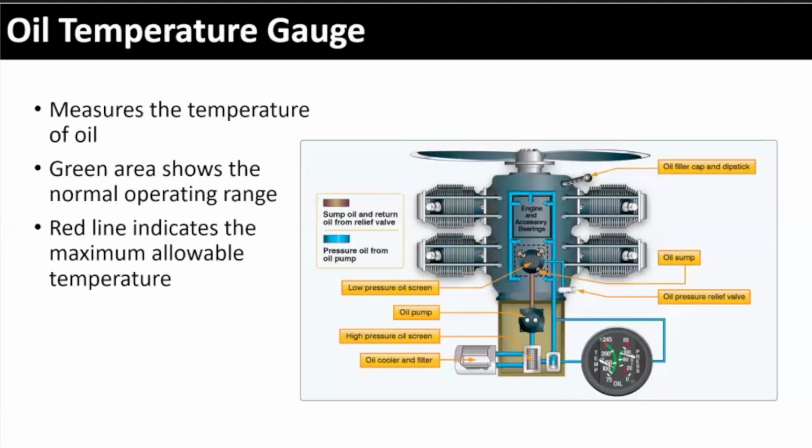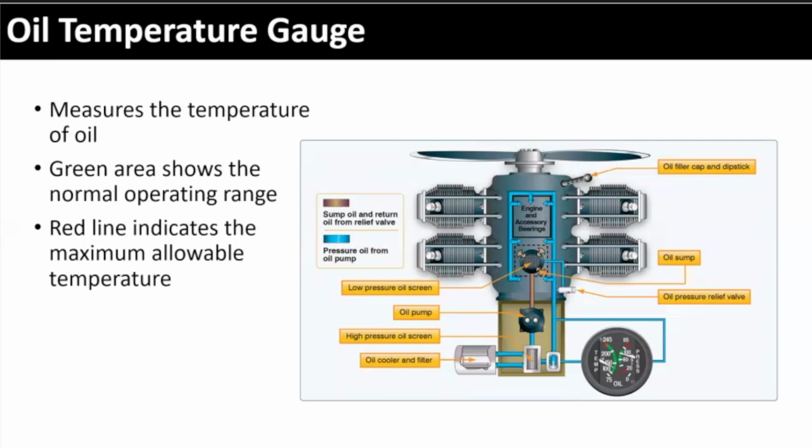All right, oil temperature. Just like any other oil temperature gauge in a car or anything else, it's got a green and a red, and you want to keep it in there. Now, if it's cold, it's going to take a little while to get the temperature up where it needs to be. What we teach is if your oil temperature isn't within that green range before takeoff, don't take off.